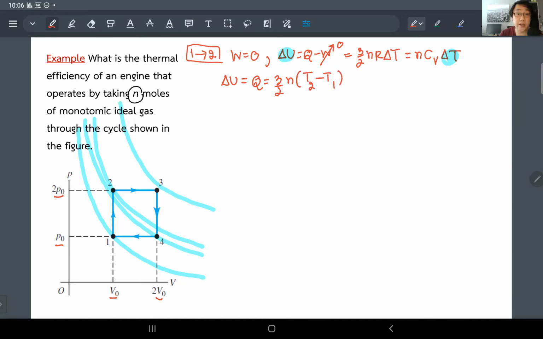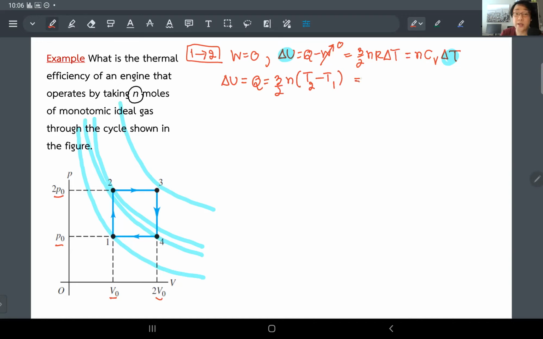The change of the temperature is final minus initial. Anytime you see a change, you take the final state and subtract out the initial state at all times. So going from 1 to 2, you take the final temperature and subtract out the initial temperature.